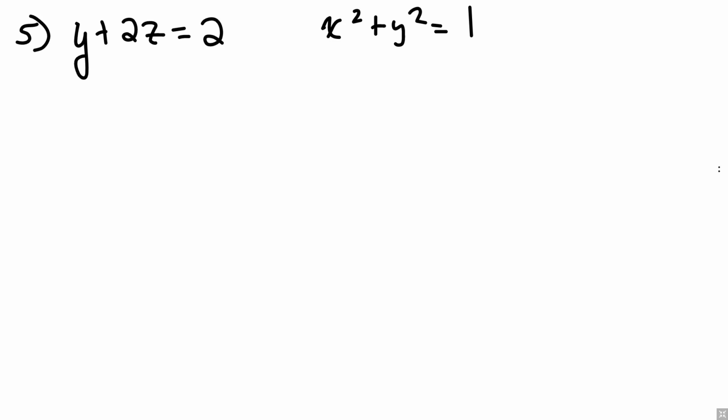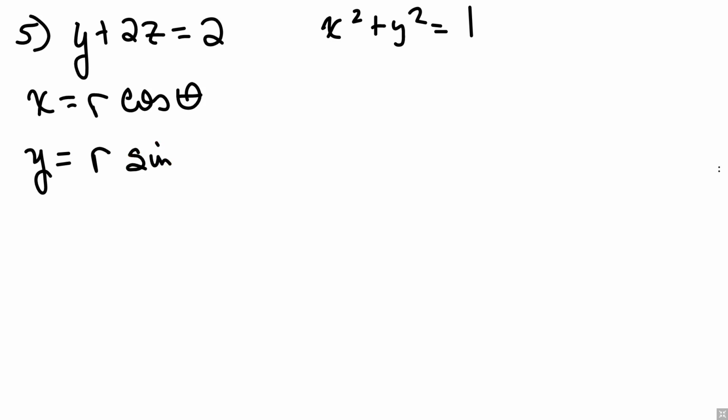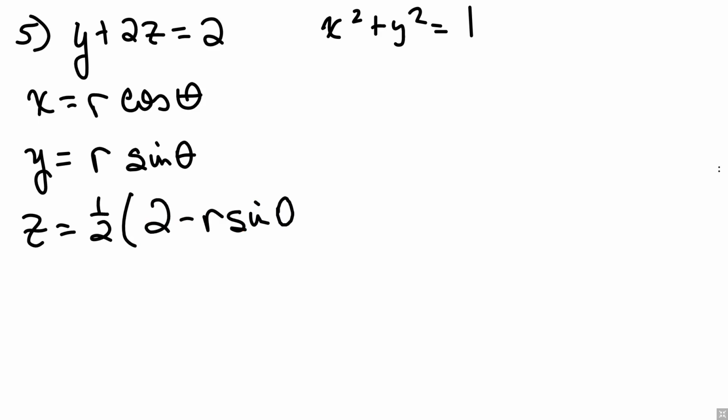cylindrical coordinates. So we can say that x is equal to r cosine of theta, y is equal to r sine of theta, and z will be equal to 1/2 times 2 minus r sine theta.